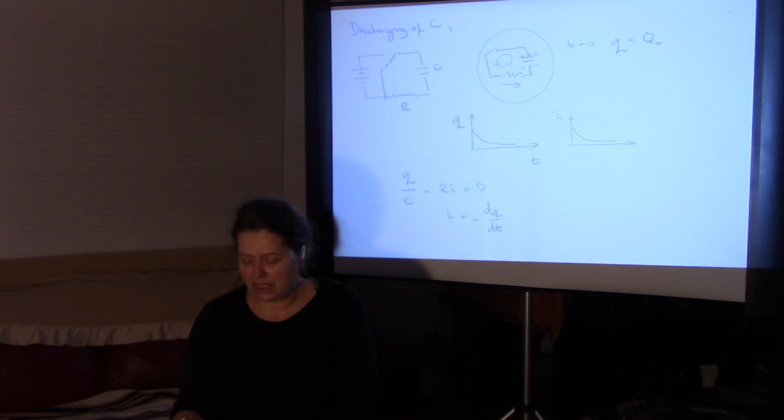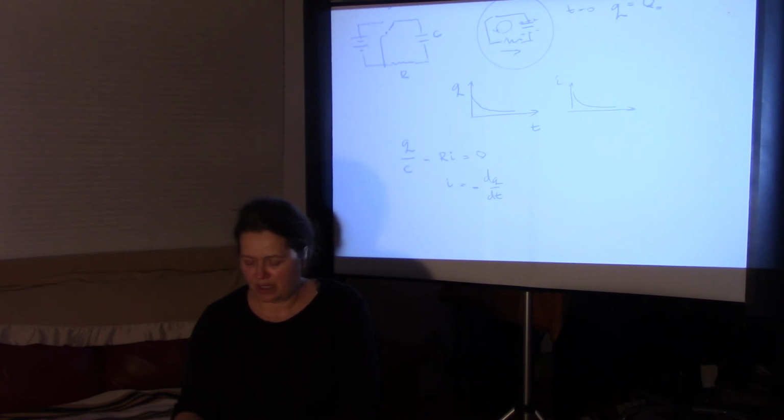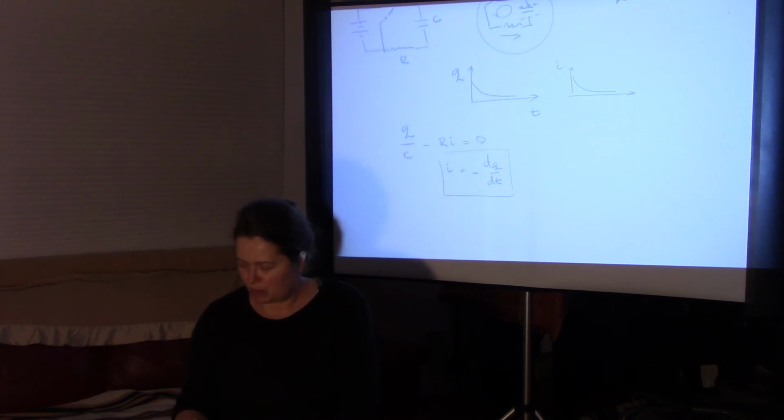So dq is a negative quantity, but we want the intensity to be positive. So as you discharge the capacitor, remember the intensity is written as negative dq over dt. Now, when you plug this expression in Kirchhoff's rule, you'll have Q over C, minus a minus gives us a plus, R dq over dt equals 0.